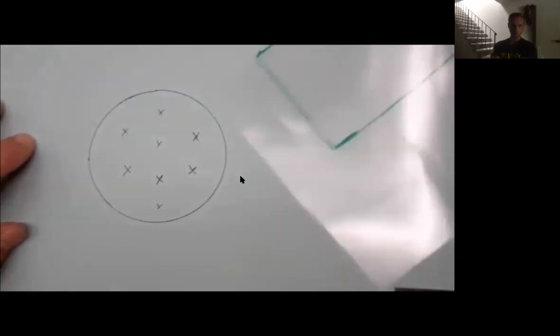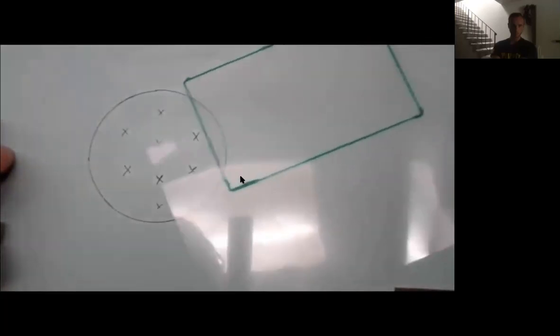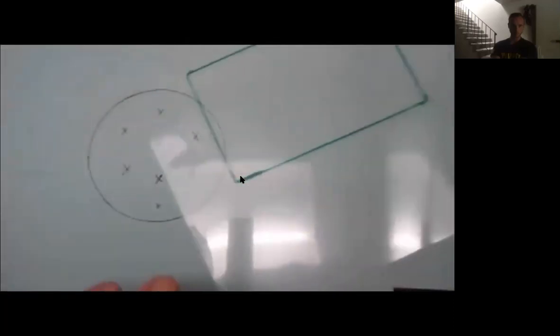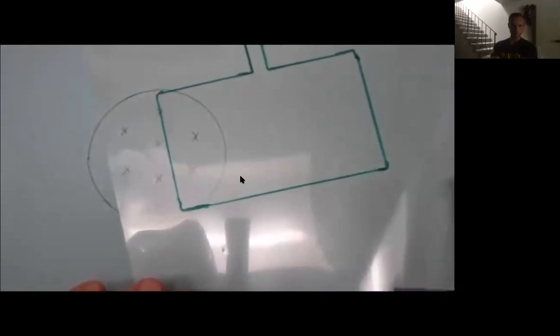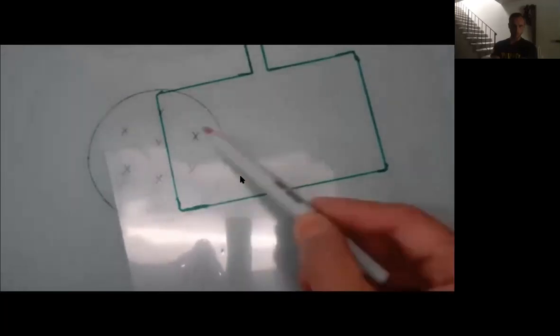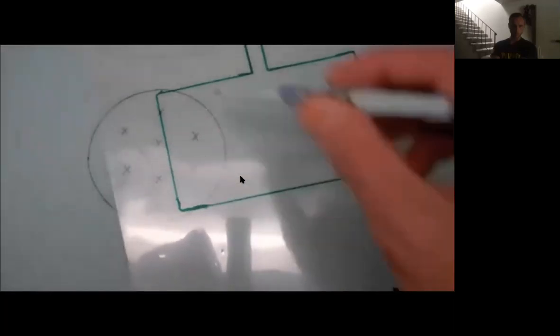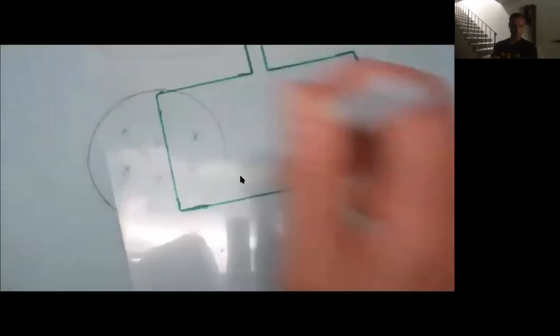The aluminum pendulum is trying to slide in like this. As the aluminum pendulum is going in, in this area we have an increasing magnetic field inside the aluminum into the page.